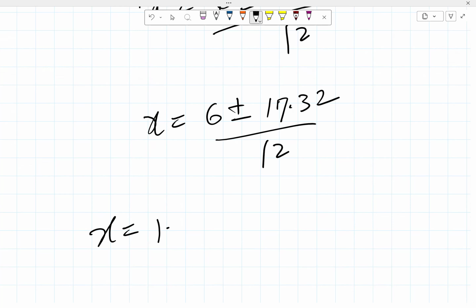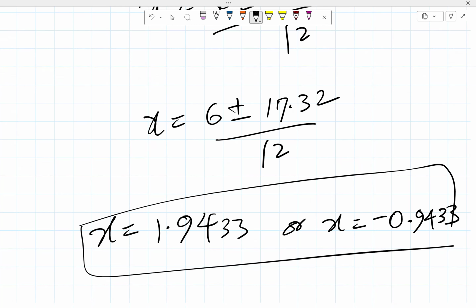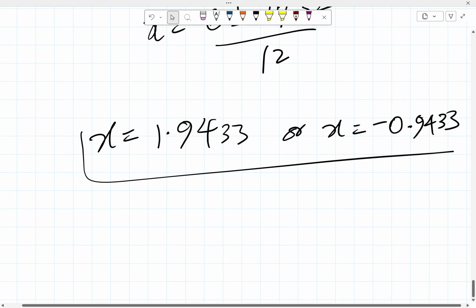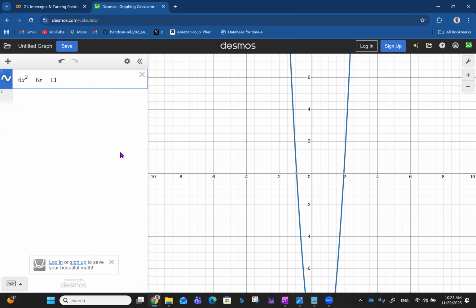So that's 1.9433, or x is equal to 6 minus 17.32, that's minus 0.9433. Okay, so these are the turning points. Then we can go further and verify, but we are going to do that in the next video. So let me now keep on with this.